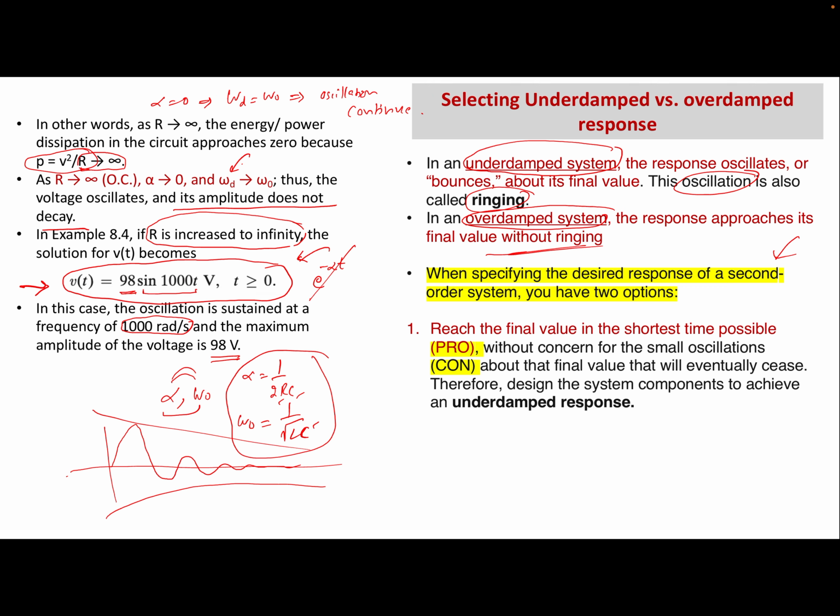It is always going to go down and then reach it. For example, if there's some initial voltage V naught, it is going to decay like this and then come down to a final value. So it is not going to oscillate, and sometimes we don't want oscillations. The con is that it is going to take more time to reach a steady state as compared to an underdamped response.